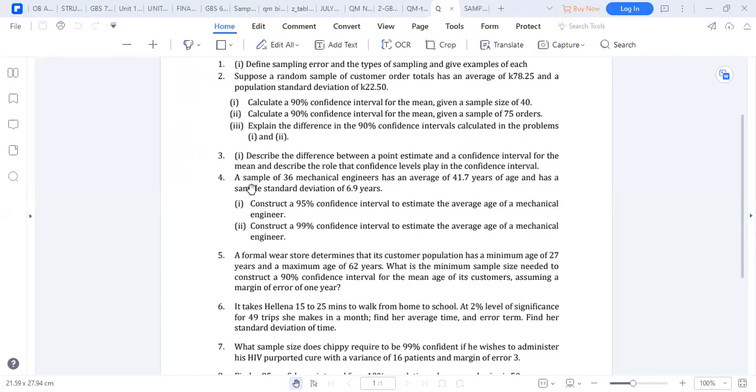Right. So a sample of 36 engineers has an average of 41.7 and a standard deviation of 6.9 years. We'll construct a 99 and a 95 percent confidence interval. So what do we have in the question?